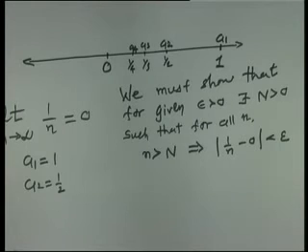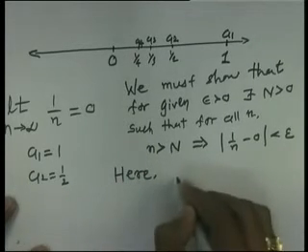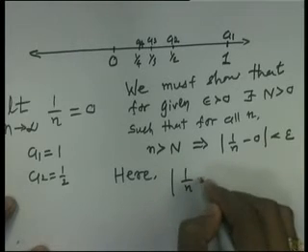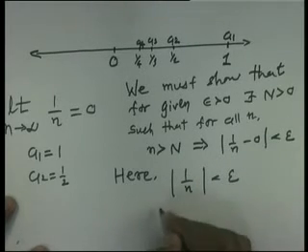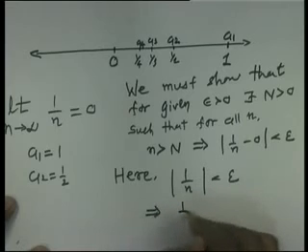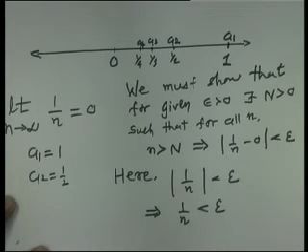According to the definition we have to prove these things. Now we know that n is positive, so |1/n| < epsilon, this we have to prove. As n is positive, we can consider 1/n < epsilon.